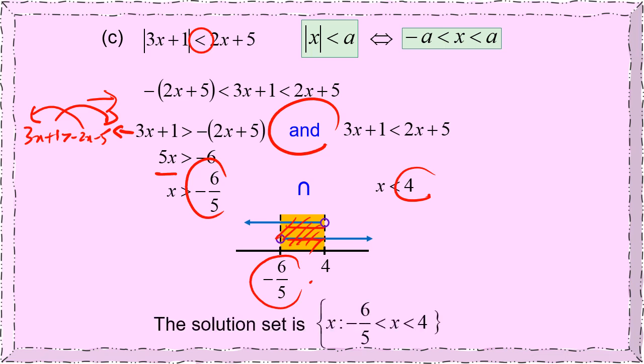So the final answer in solution set is x such that x is in between negative 6 over 5 and 4. Or you can write it in interval form, from negative 6 over 5 to 4, open brackets.